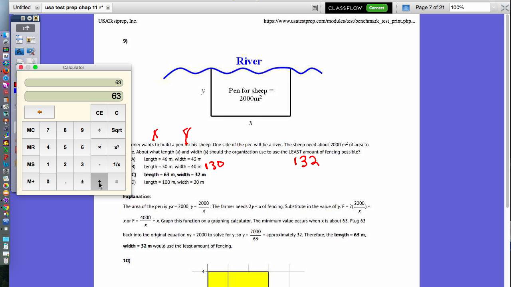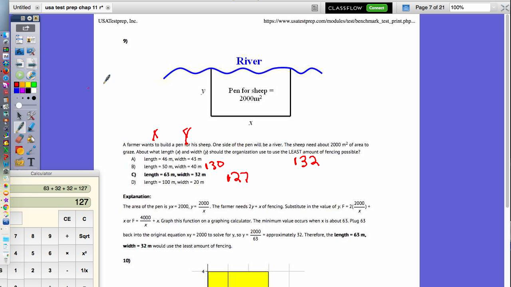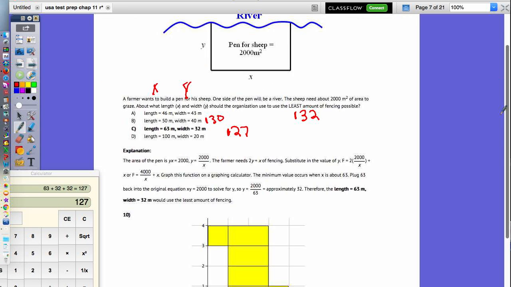One length is 63 plus a width of 32 plus a width of 32 is 127. And already 100 plus 20 is 140. So C is the least. Number 10, I told you not to do.